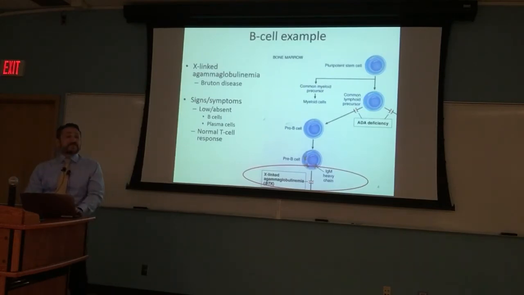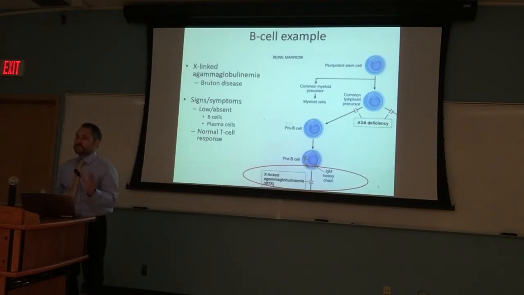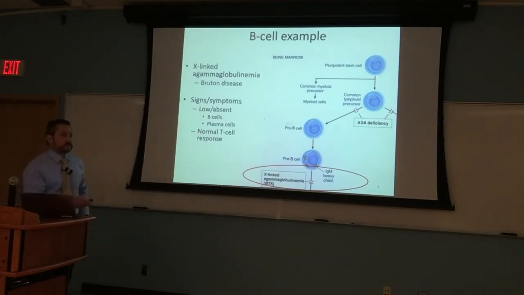It was discovered in 1952, and it affects the body's ability to fight infections, which makes sense because that's what antibodies do. These patients don't manufacture functional mature B cells. So these pre-B cells never differentiate. They have, however, a normal T cell response. So it's not that the whole system is gone. Okay? So that's our first example.